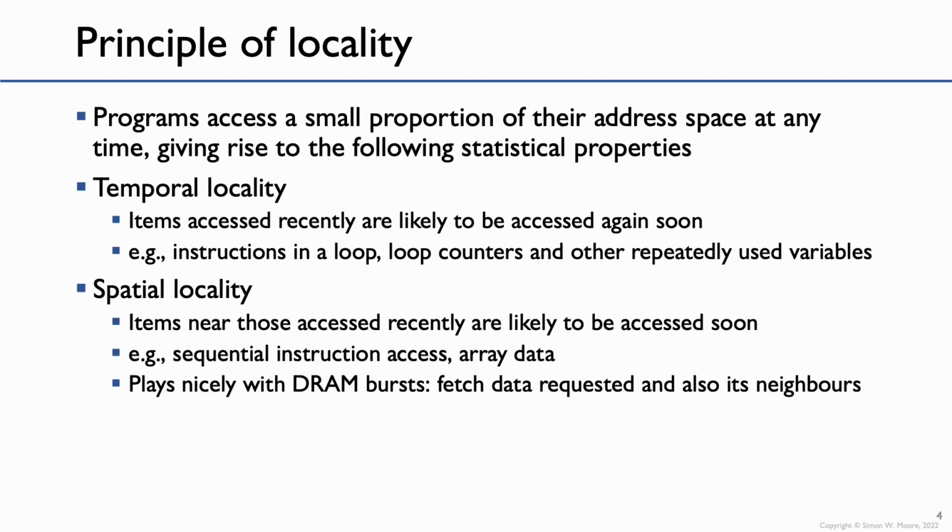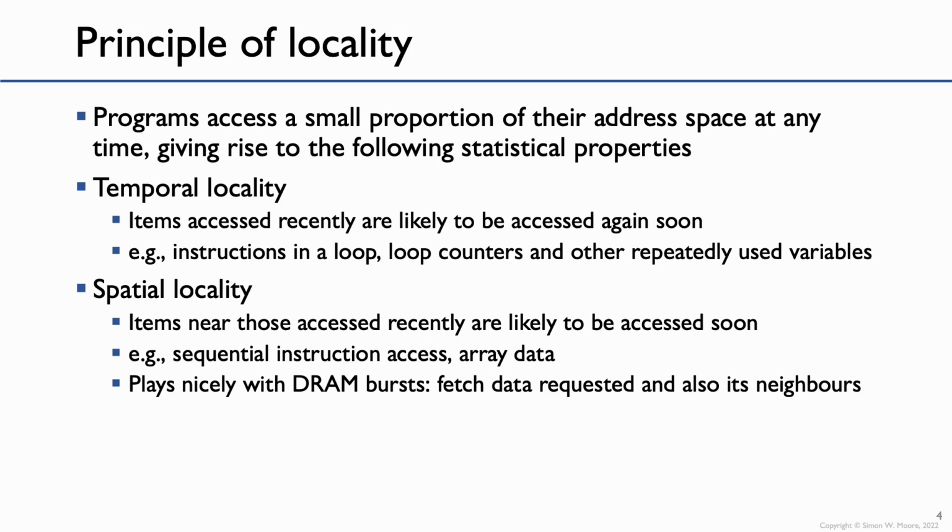We also have spatial locality. Items near those accessed recently are likely to be accessed again soon. For example, you might have a loop that is accessing an array of data, and if you access one element of the array, there's a really good chance you're going to access the next, and so on.